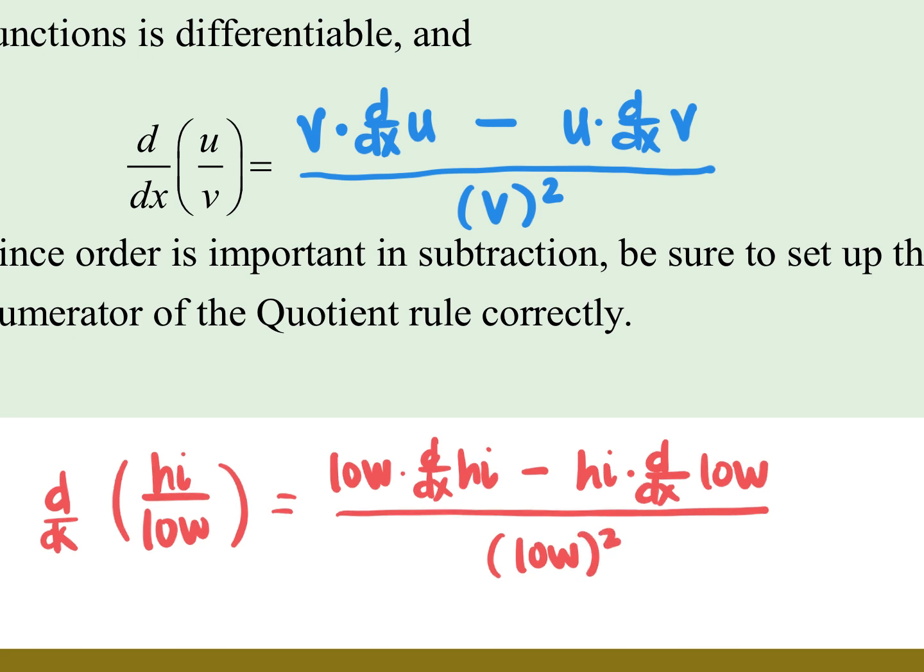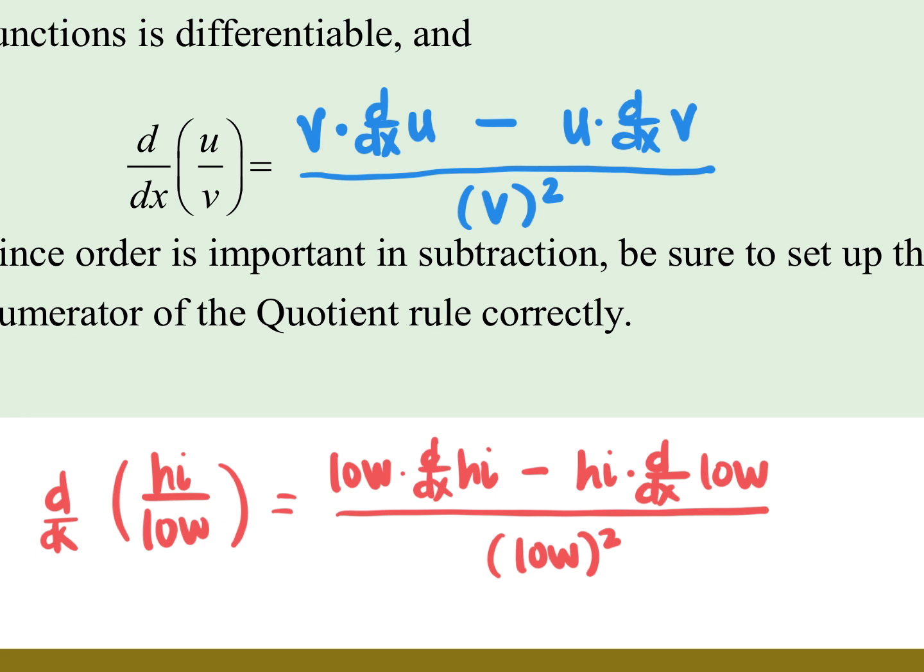So this leads me to a ridiculous little song that helps you remember, to the tune of row, row, row your boat. So it goes low, low, low, D high minus high, D low. That was it. The rest of it doesn't work at all. But I passed Mrs. Cragness, and I'm like, I get to teach quotient rule today. And she started singing, low, low, low, D high minus high, D low.